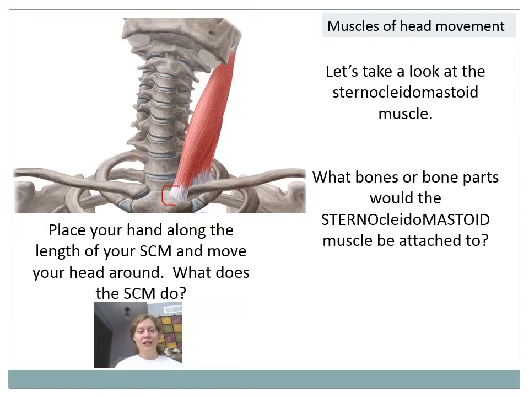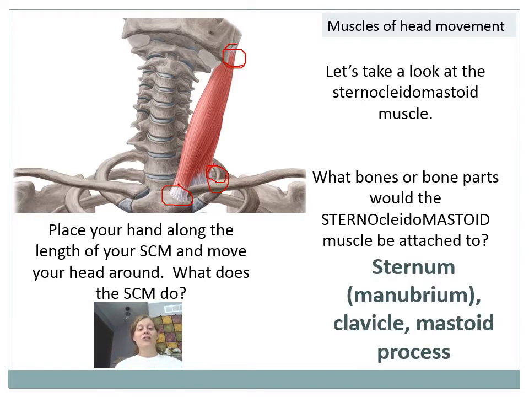Here's one right here, which is on the sternum, the manubrium specifically of the sternum, and then cleido because it's attached to the clavicle, and then mastoid because it's attached to that mastoid process of our temporal bone. That mastoid process right here. So our sternocleidomastoid is attached to 3 parts: the sternum at the manubrium, the clavicle, and the mastoid process of our temporal bone.